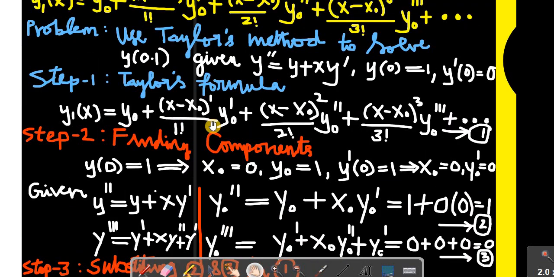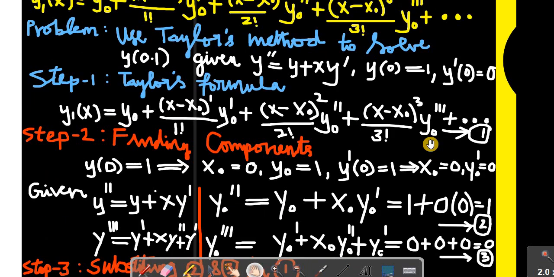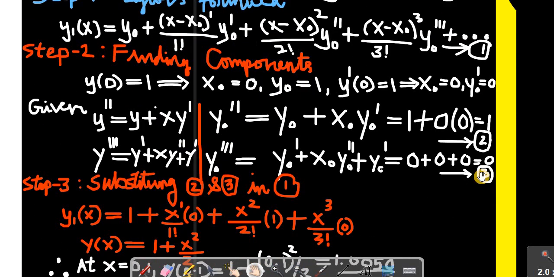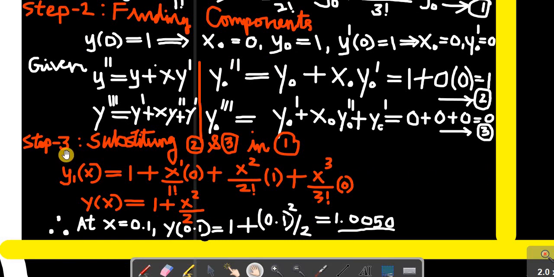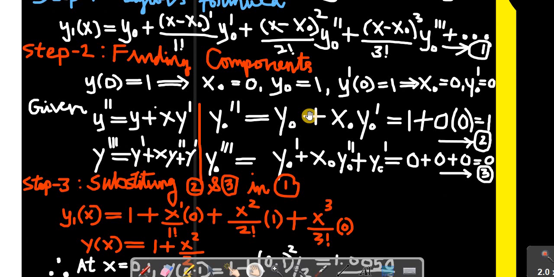So all components we got here: x0, y0, the first derivative, the second derivative, and the third derivative at x0 equals 0. Just substituting all these in the very famous Taylor's equation that we already know from equation number 1, you will get the equation in powers of x. That is what we call the Taylor series.